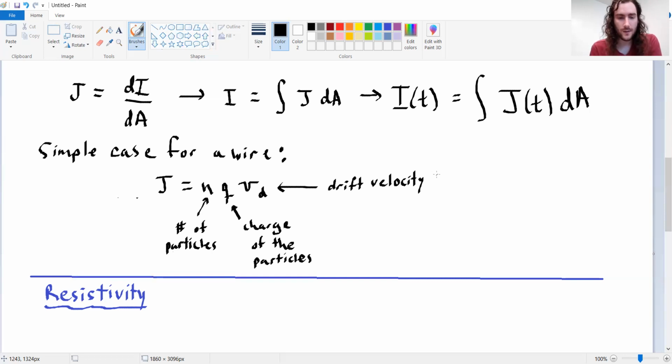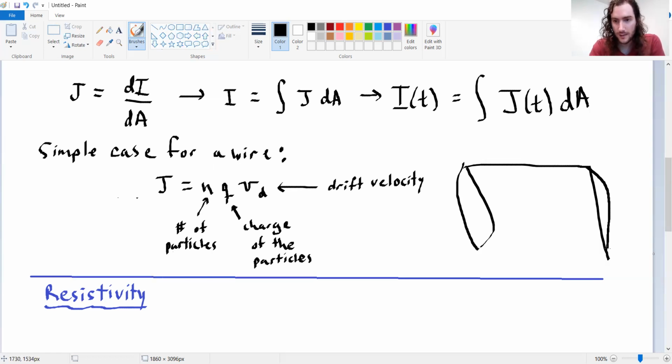Now, in the context of treating this problem as kind of a classical statistical problem where these charged particles are placed in an electric field. So we have a wire here, like so, and we put an electric field in this wire in this direction.